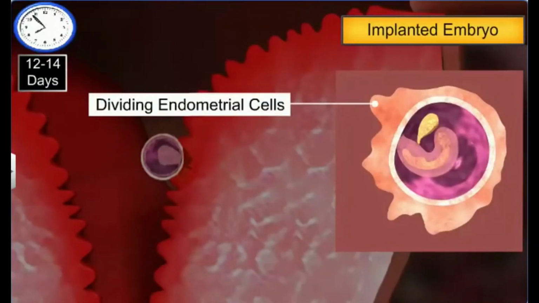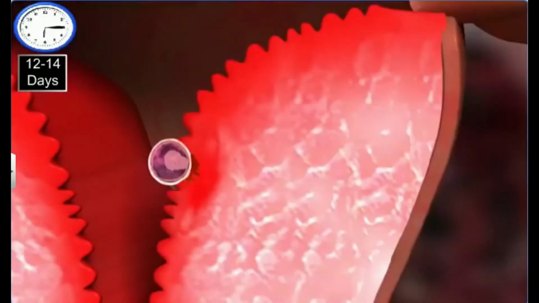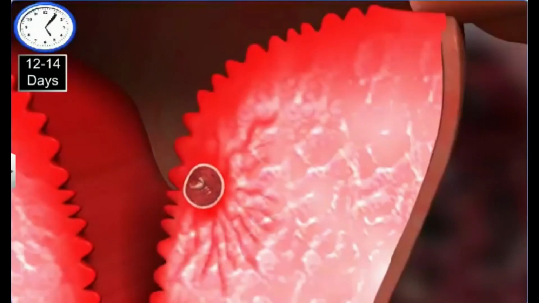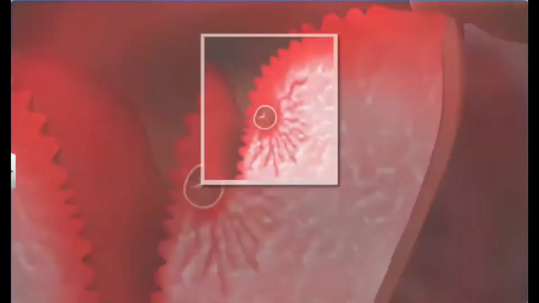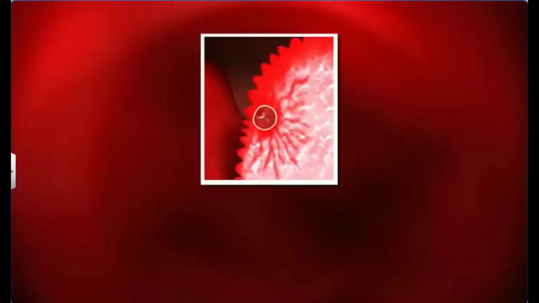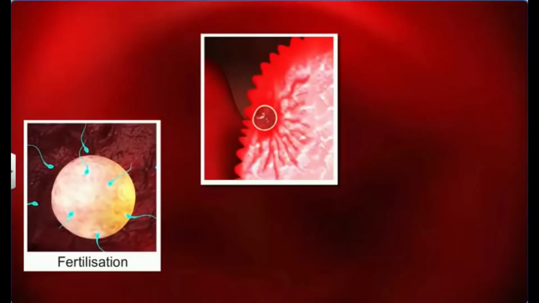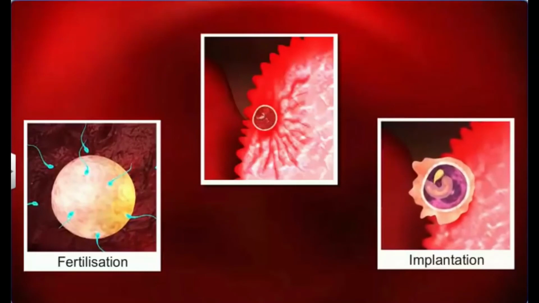Once implantation has occurred, pregnancy gets initiated. Moreover, after implantation, inner cell mass cells get differentiated and begin to form the embryo. Embryo formation is a complex process that begins with fertilization and ends with implantation of the embryo.